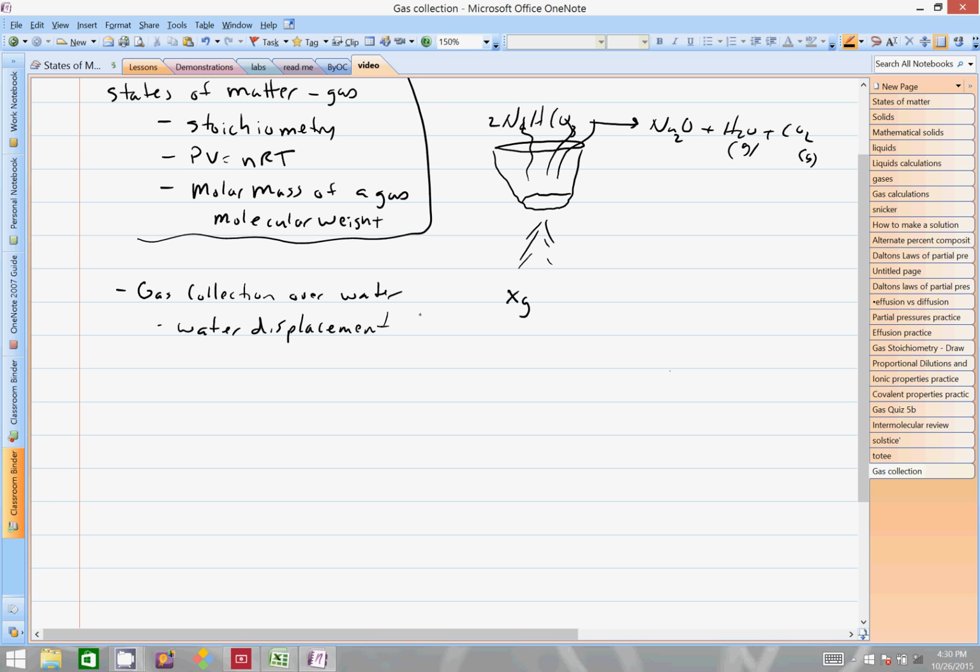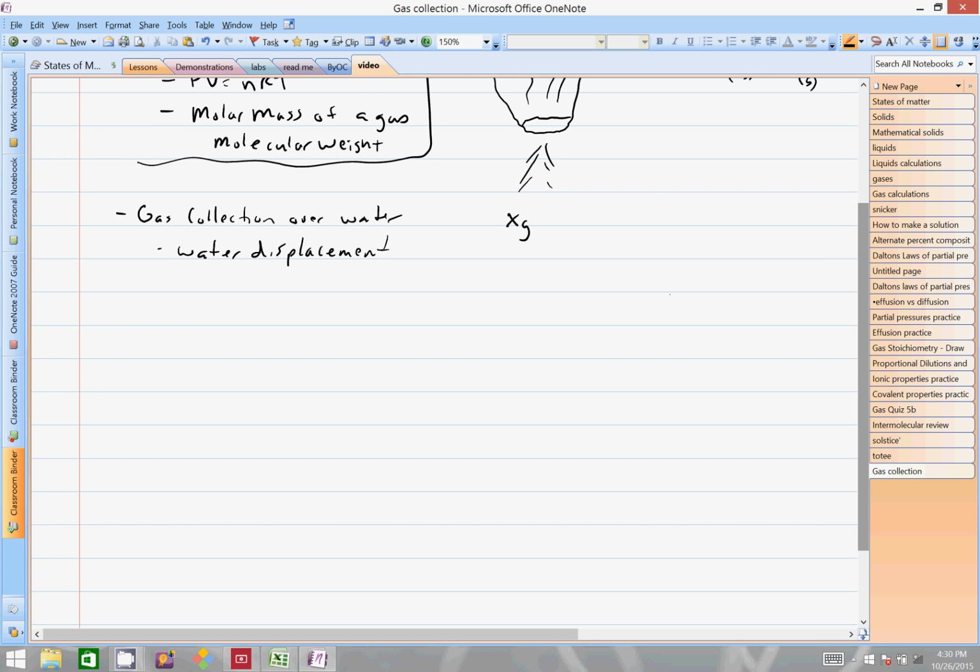So a pretty typical example would be to use a gas collection tube. Now there are two types of gas collection tubes. We have open gas collection tubes and we have closed gas collection tubes.